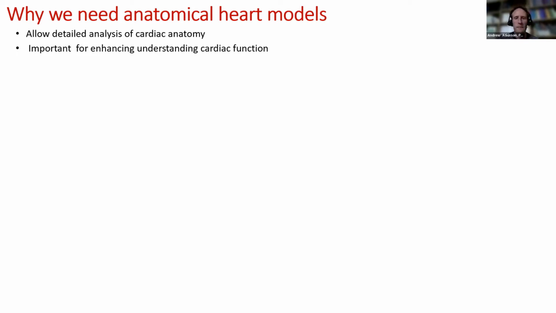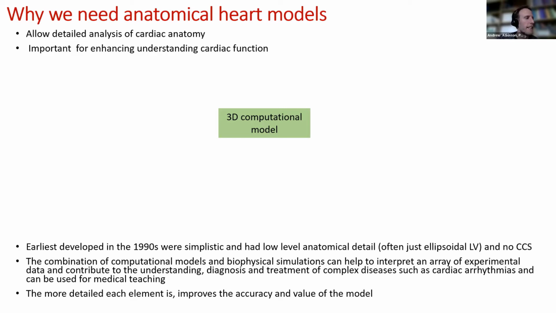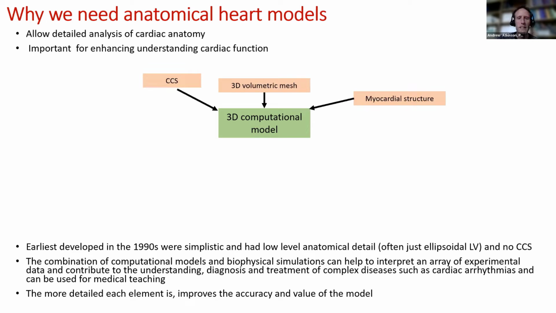So the anatomical models form an important part of 3D computational models, which can also be used for biophysical simulations. A heart model for the full simulation will require detailed anatomical information. The earliest models used for studying the heart often didn't include any cardiac conduction system and were very simplified, quite often just ventricular ellipsoids.